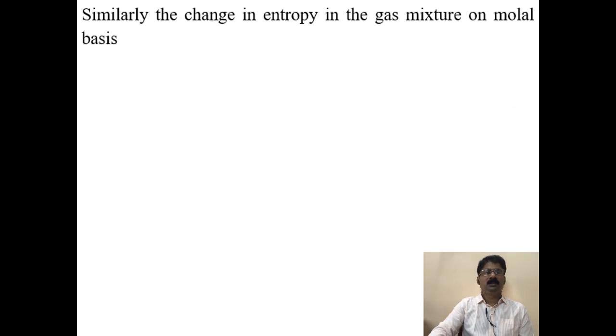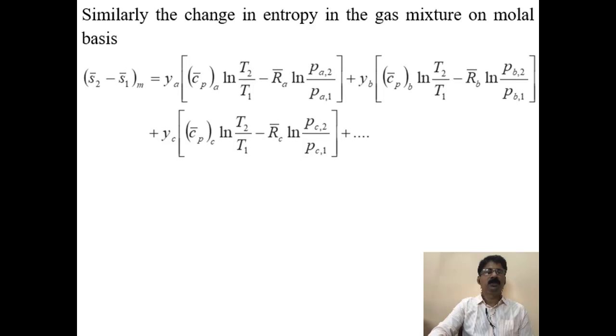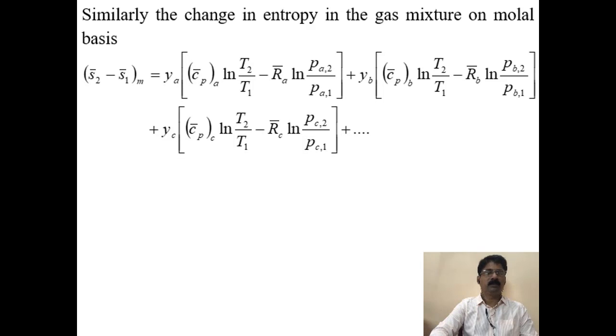Similarly, the change in entropy of the gas mixture on molal basis, that is number of mole basis, you can write as S2 bar minus S1 bar for the mixture is equal to Ya, mole fraction of A, into C bar P for A into ln T2 by T1 minus R bar A ln Pa2 by Pa1.